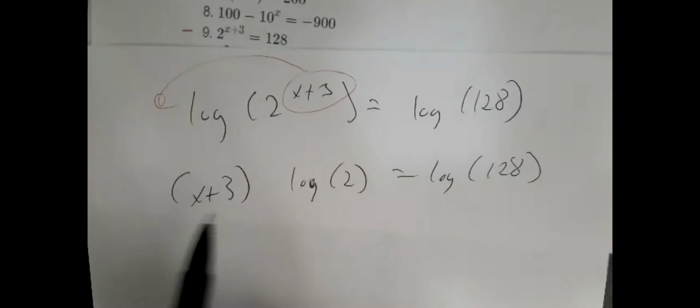If I'm solving for x plus 3, the first thing I'm going to do is divide by this log 2. And if you notice, when I do that, I basically have this back at that step where I did the change of base. So it becomes that other problem at this point.